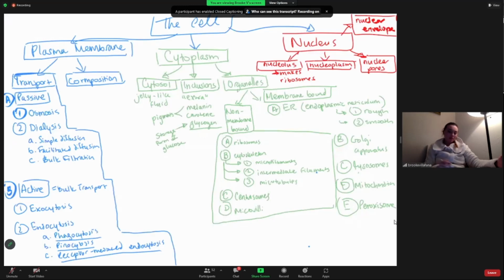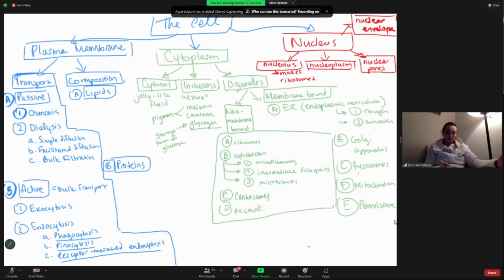So composition is going to be the lipids and then proteins. Lipids and proteins, right? Those are the two things that are composing the plasma membrane.